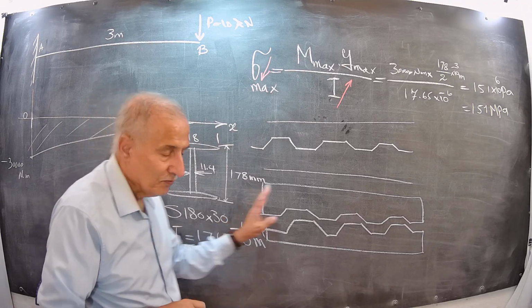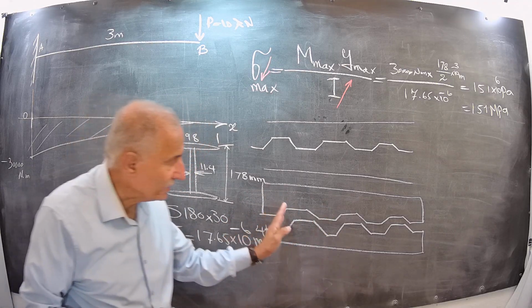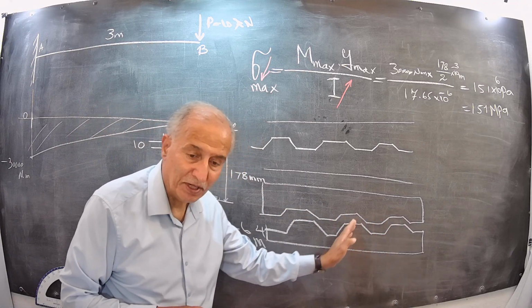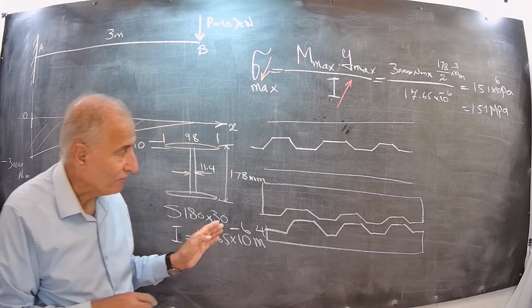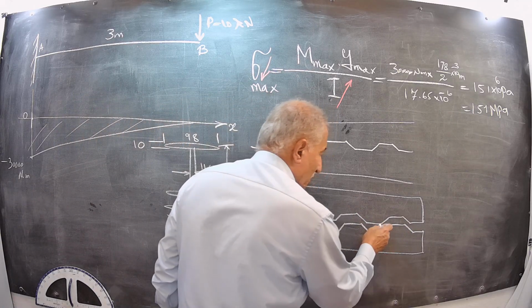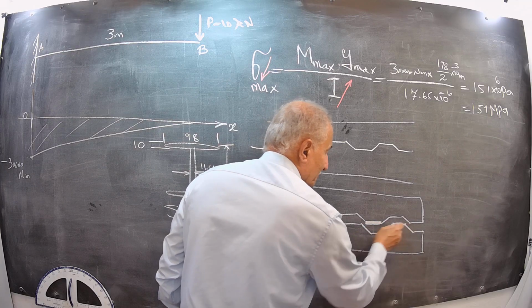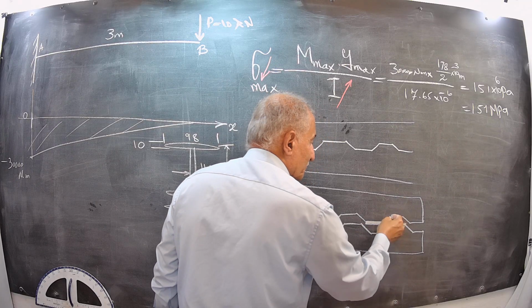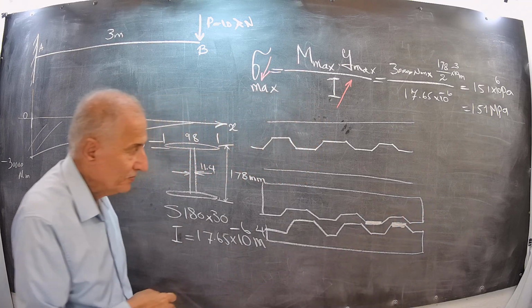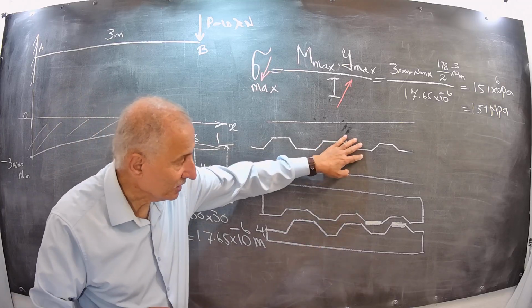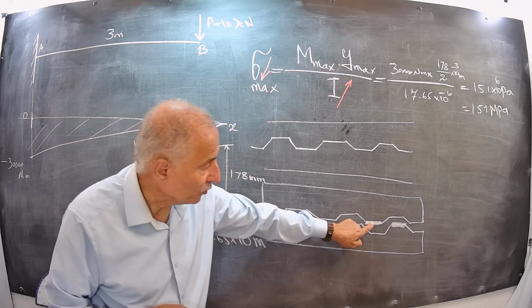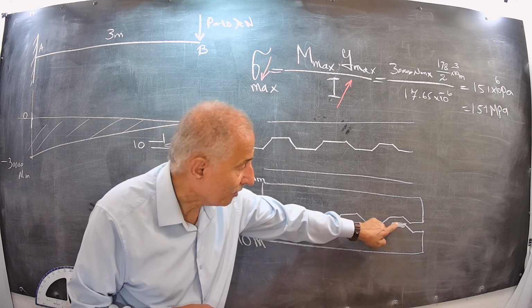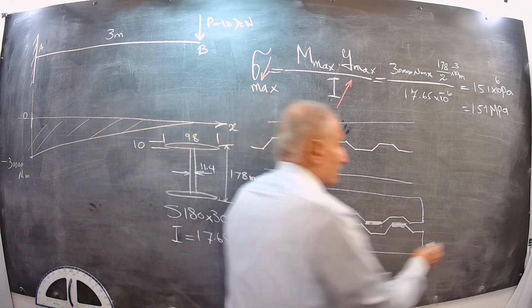I shift one of the parts, one opening forward or backward. I move this part to here and cut the rest of the beam. Then I cut it, separate it into two pieces, and then I move this part to the top and make it like that.